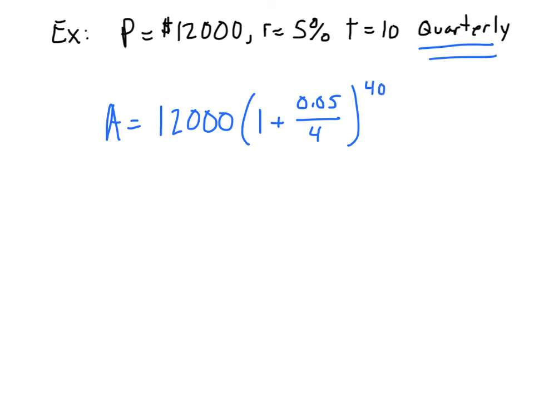Our exponent is 40 because it's 4 times 10. That's where that exponent came from. And I went ahead and typed this in on my calculator, and I came up with an accumulated amount of $19,723.43. So that's pretty good for a 10-year investment there.